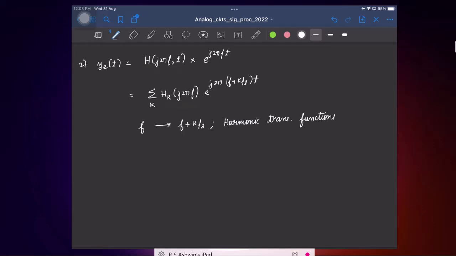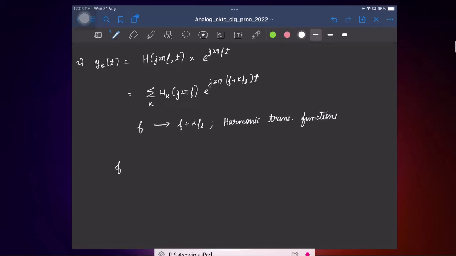Let us say at the input I apply a tone at f plus l fs. I know that at the output I can have a tone at f plus m fs. So what will be the harmonic transfer function governing this frequency translation?